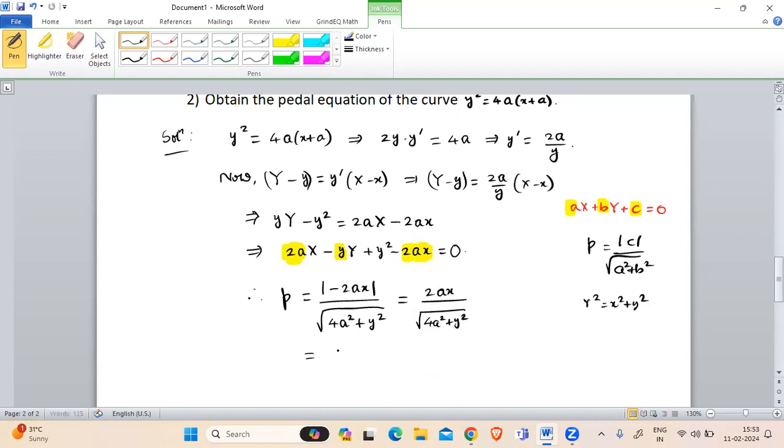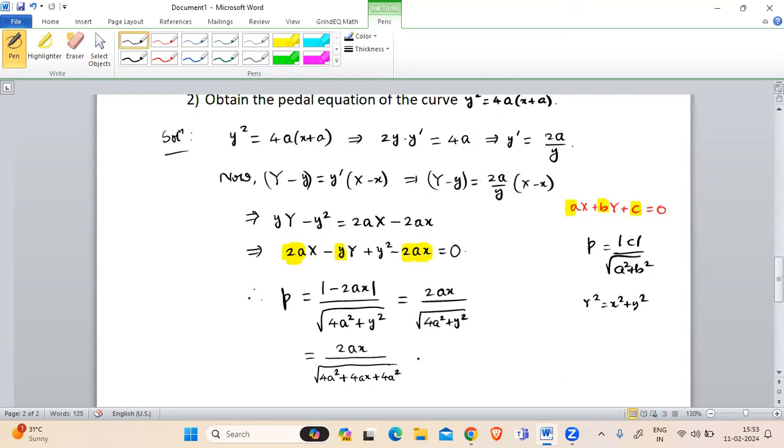So this will give me 2ax whole divided by root of 4a square, and y square will be replaced with the right hand side, 4ax plus 4a square.